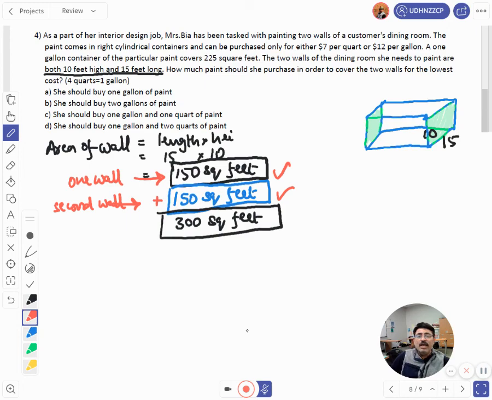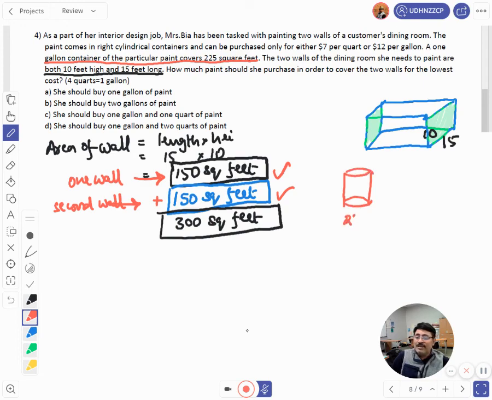But suppose you are the administrator, that means you are doing the business. A 1 gallon container of paint covers 225 square feet. So if I buy a 1 gallon tin, can I paint both the walls?